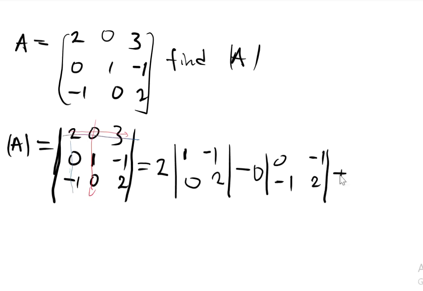And plus the third: we cancel this row and column, so what is left is this part, and the coefficient will be 3, with 0, 1, minus 1, and 0.